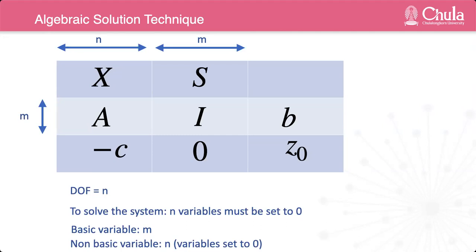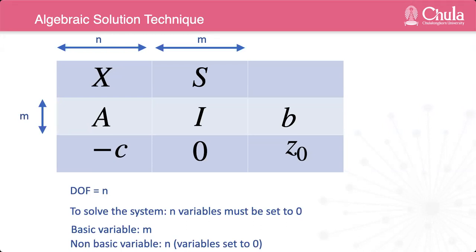So what does it mean? You cannot solve this system of equations because the degree of freedom is greater than 0. Okay. How can we solve this system of equations then?